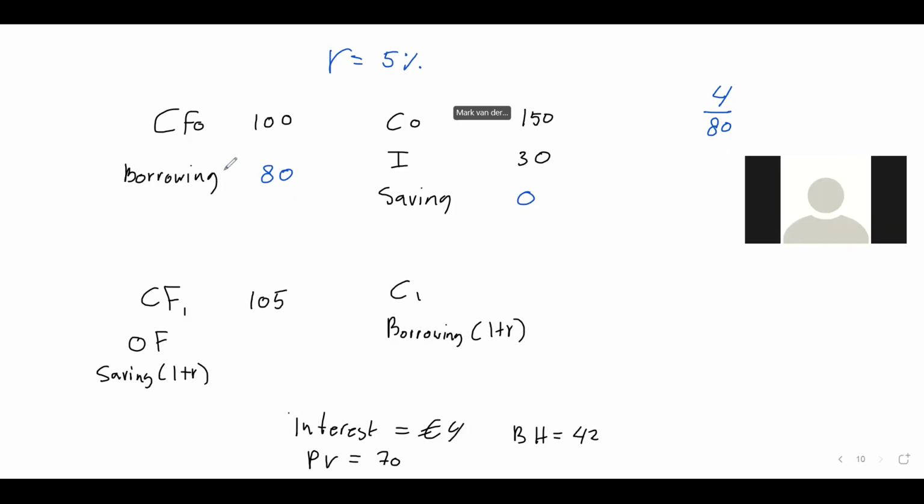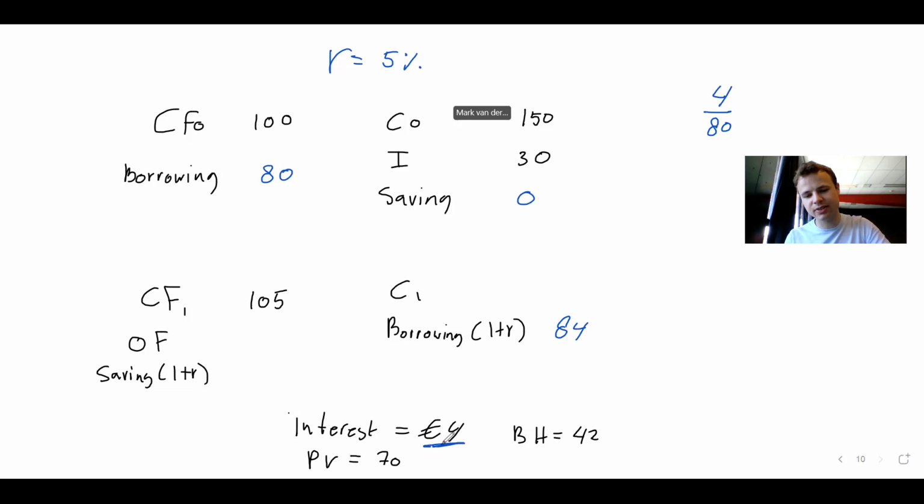Yeah. Okay, then borrowing is 80. So I borrowed €80. Then how much did I have to pay back? So I borrow 80, multiply 80 by 1.05, and that's 84. Yes, perfect. Or you could also add this interest to it.